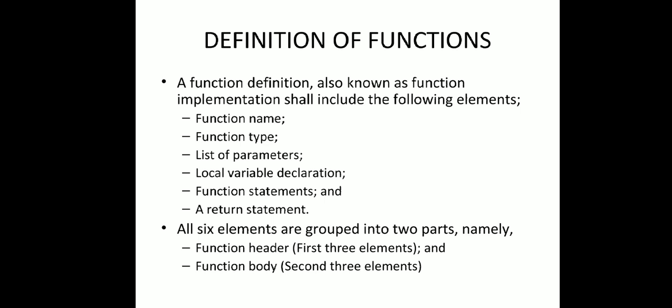That is why it is called local variable declaration. And then we have function statements. These are nothing but the actual task which will be performed by the functions. And finally we have return statement. What it is going to return.